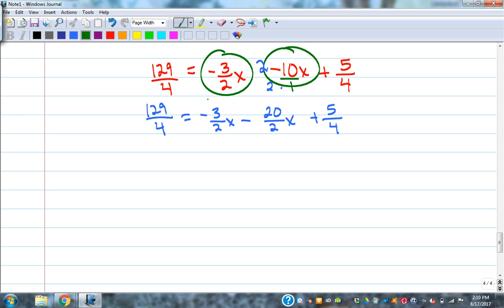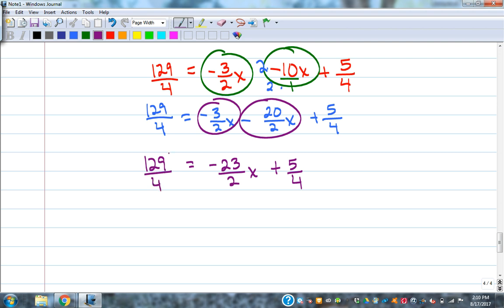When I combine these two, be -23/2x. And they already got the same denominator, so it saves me a little step there.